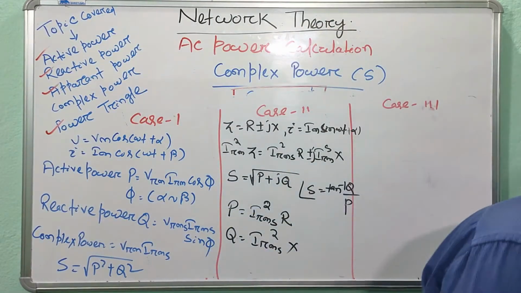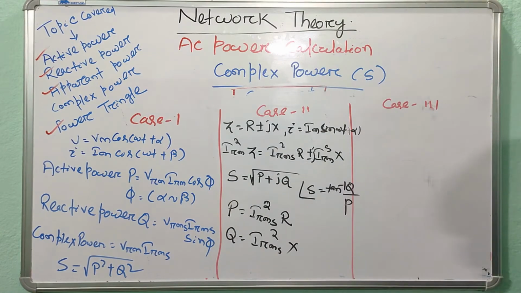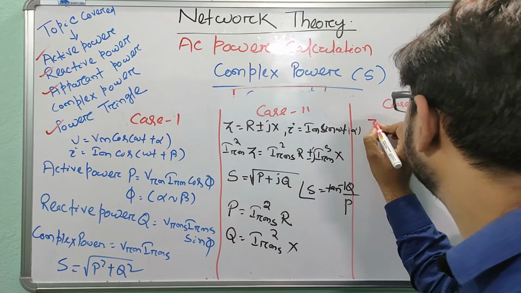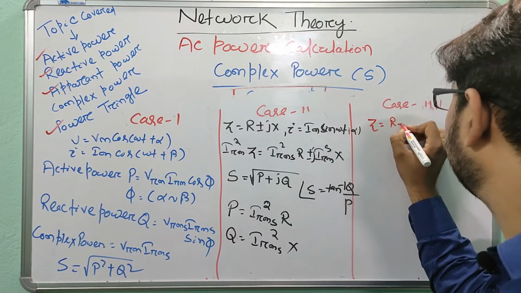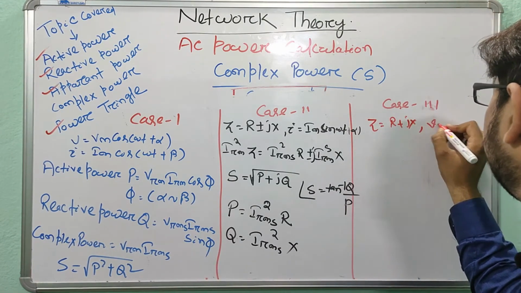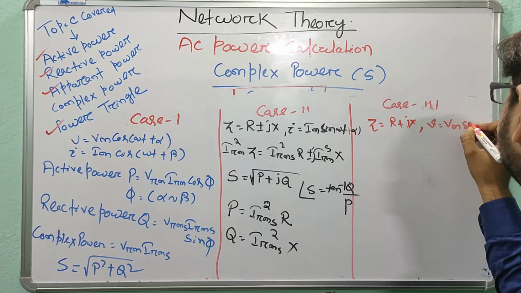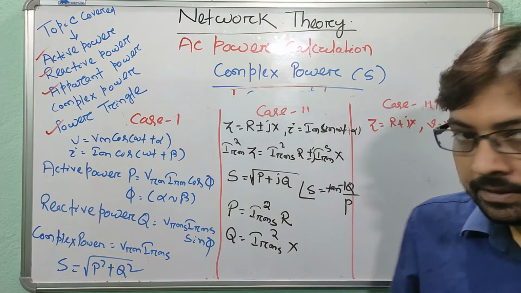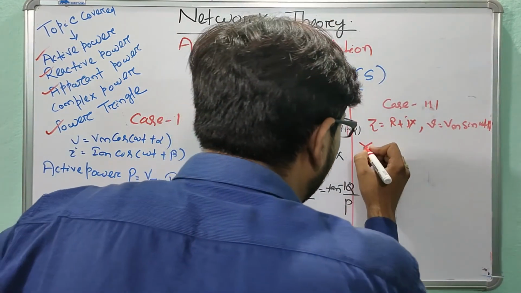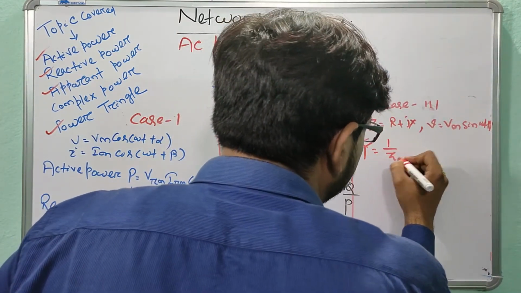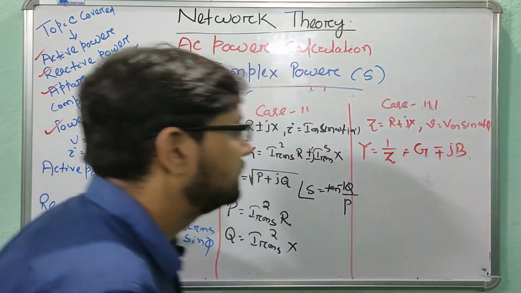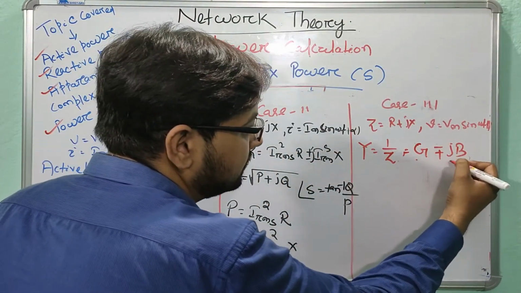So now my case 3 is, if Z is equal to R plus jX and V is equal to Vm sin omega t plus beta. Now, so what is my Y value? Y is equal to 1 by Z, and that is equal to G minus or plus jB.